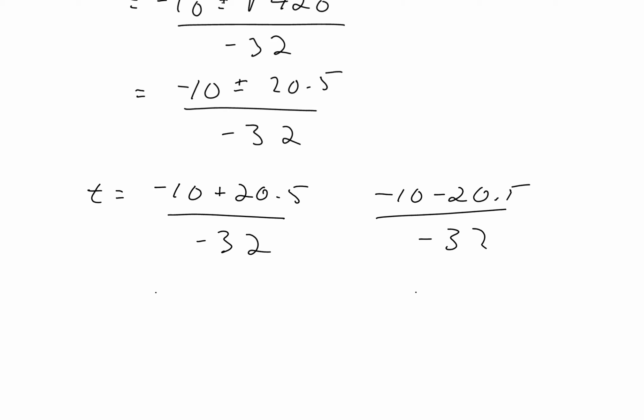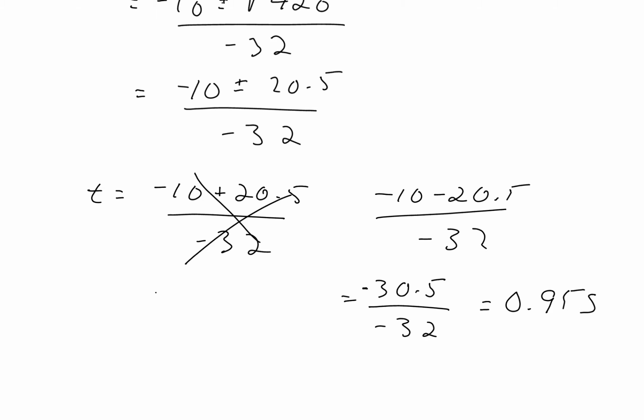This first one's going to turn out negative because the number on top is positive divided by a negative, so that's no good. But here I have negative 30.5 divided by negative 32, which is about 0.95 seconds. So that means it'll take about 0.95 seconds, or a little less than 1 second, for Sally's beanbag to land on the target.